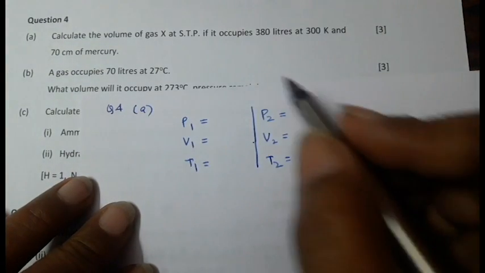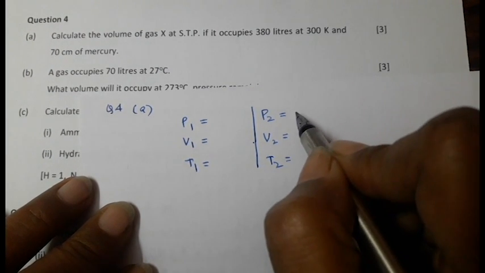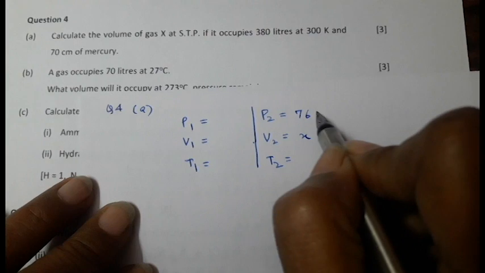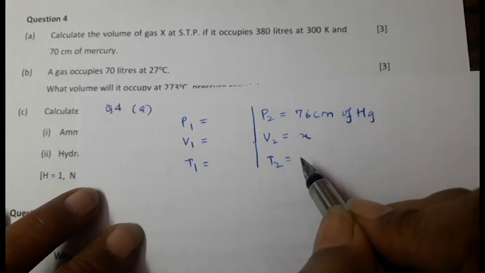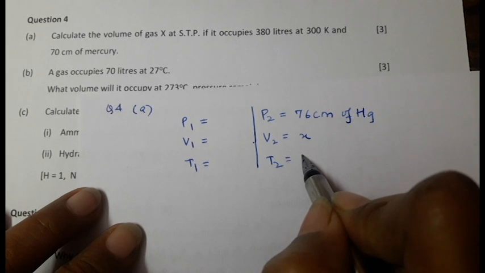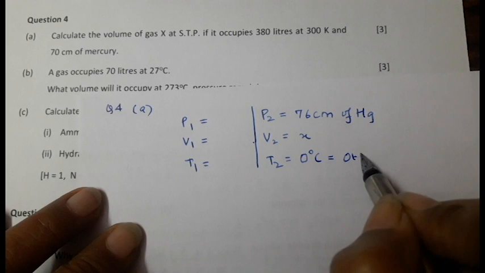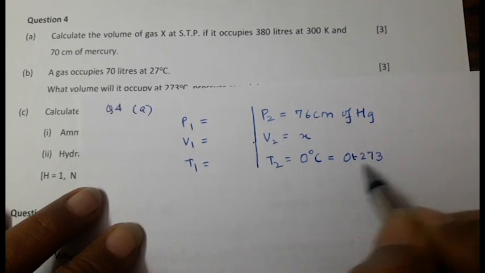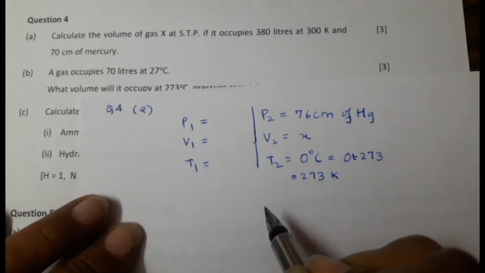Calculate the volume of the gas at STP. So volume is X. At STP, pressure is 76 centimeter of mercury and temperature is 0 degree C, which is 0 plus 273, which is 273 Kelvin.